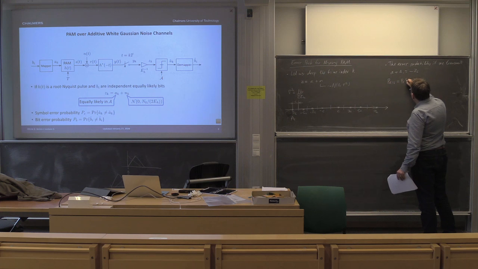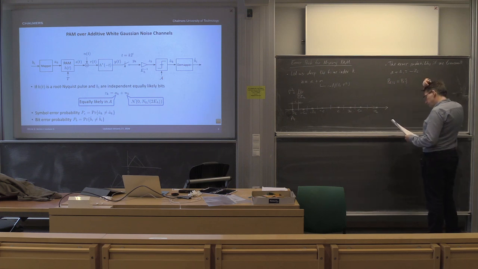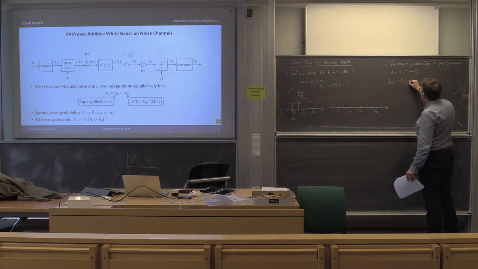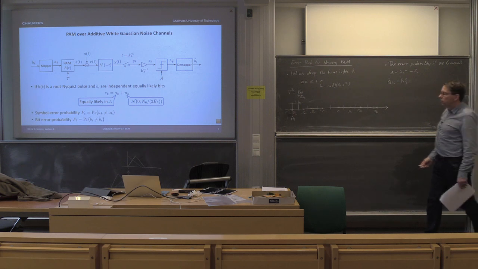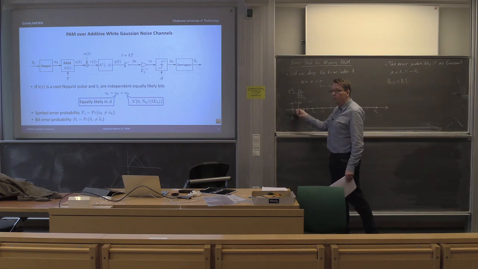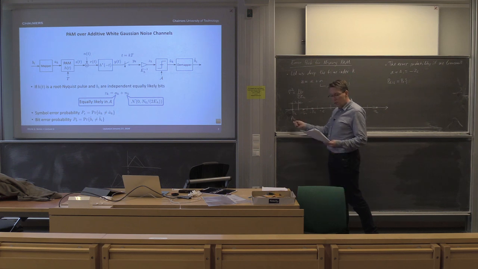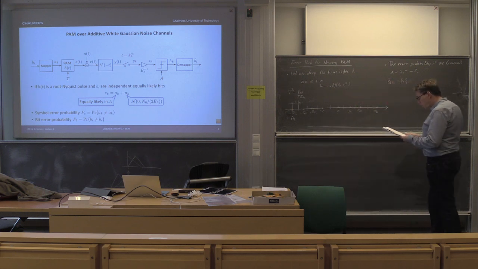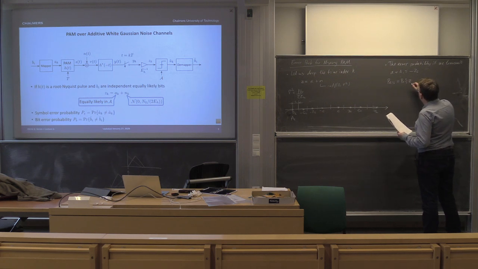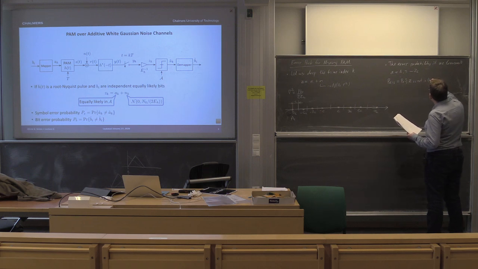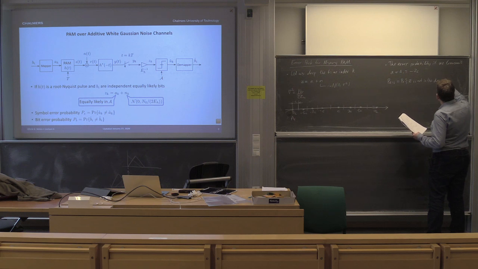So it's the probability that the received point does not end up in the decision region which is allocated to the signal alternative 1 here. Okay, so it's the probability that Z is not in the decision region for A1.